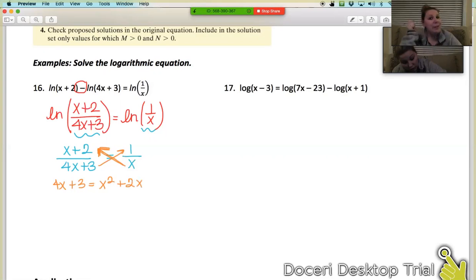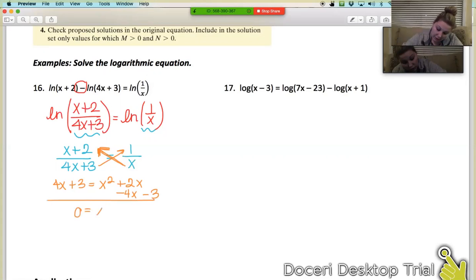And what do you see? We got a quadratic again. So we need to get this equal to 0, try to factor it, and if not, use the quadratic formula. So I'm going to move the 4x and the plus 3 to the other side of the equation. So I will subtract 4x here, and I will subtract 3 as well. So these two in the middle are like terms.